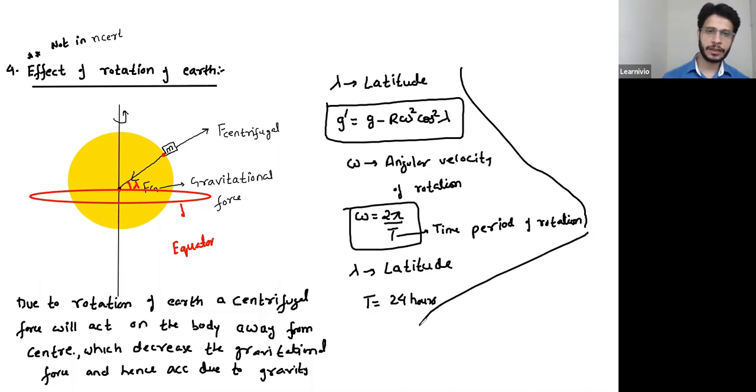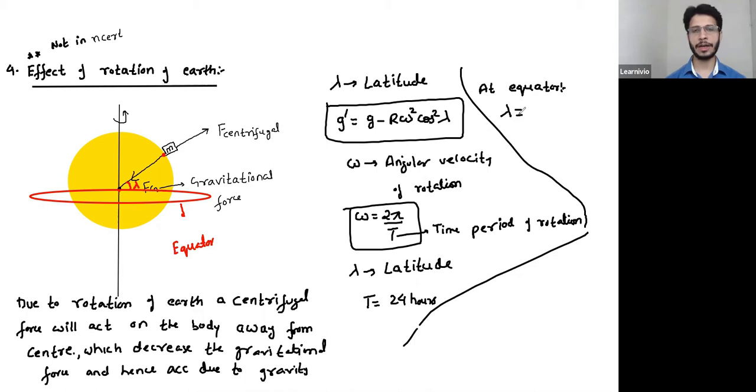Now, we can check the effect of rotation of Earth at two extreme points, one at the equator and then another at the pole. So if I want to check the value of this variation in acceleration due to gravity at the equator, can you guess the value of lambda at equator?